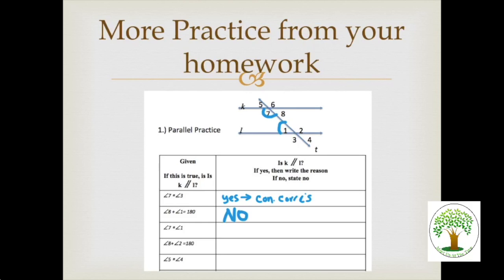Okay, what does the relationship have to be for same side interior? Supplementary. They have to be supplementary. And it says that they're congruent. So are they parallel? No, they're not. I'm going to erase up here.